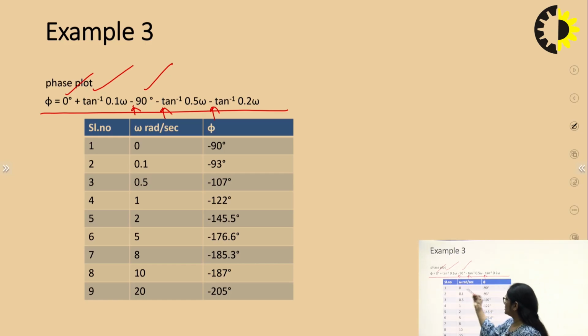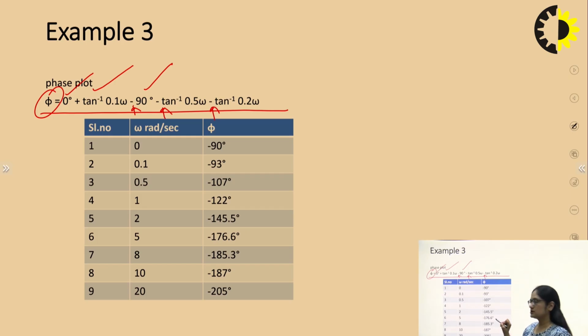In this expression, if I place the values of omega, that is the frequencies 0, 0.1, 0.5, 1, 2 and so on, then correspondingly what will be the phase. So, this table is constructed by keeping the value of omega as mentioned here, minus 90, minus 93 and so on we get. So, we can draw the phase plot directly putting these values, and we can see that there is a transition here starting from minus 90.